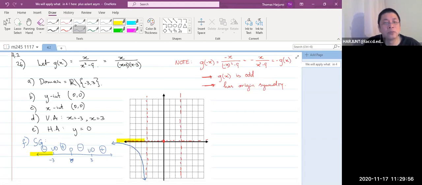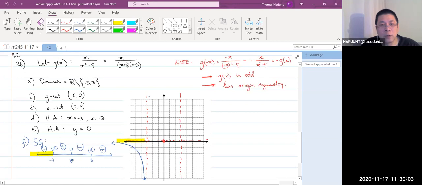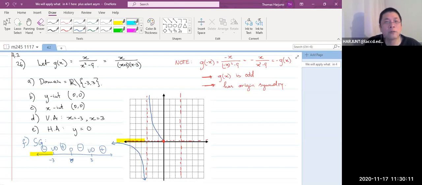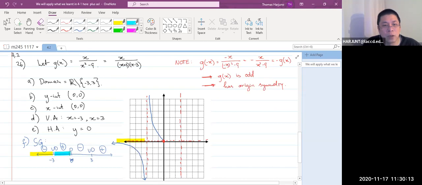And then from -3 to 0, that's above the x-axis. But don't forget, we have a vertical asymptote. So I will start from here, like this, maybe. And because it is an odd function, I actually reflect that with respect to the origin. So later on, it will look like this.